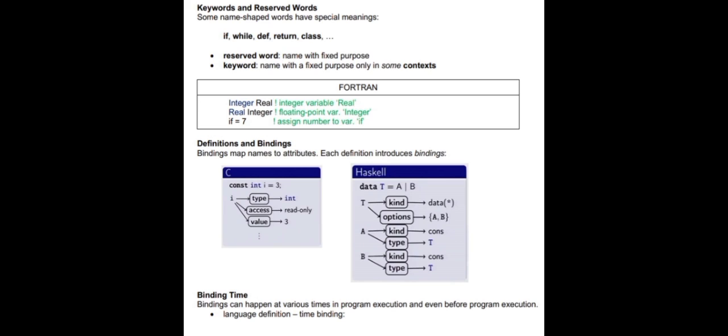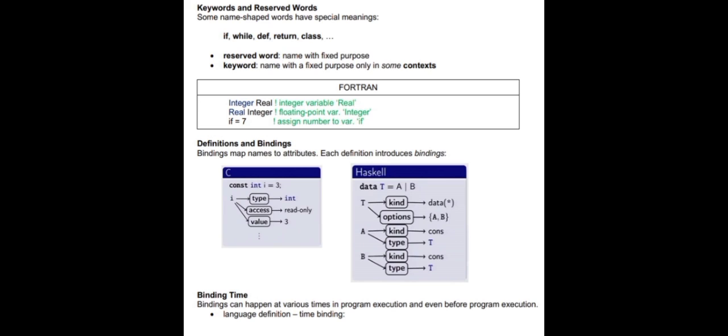So definitions and bindings. Bindings map names to attributes. Each definition introduces bindings. As you can see in the tables below, in the C table, const int i = 3. So i has type integer, and i has access read-only. i has a value of 3.